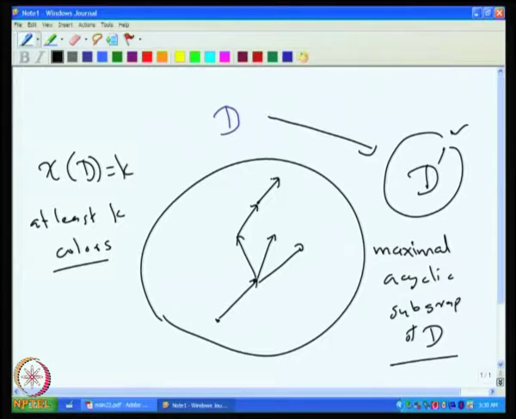So, we pick up this D' first. Now, we will color each vertex as follows. What is the strategy?